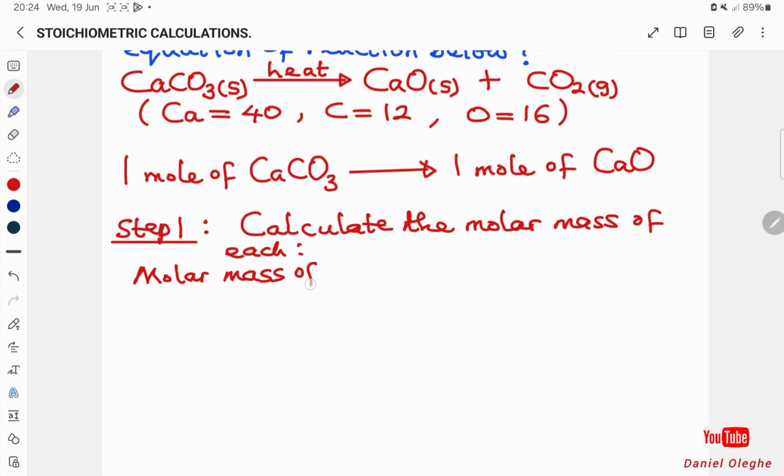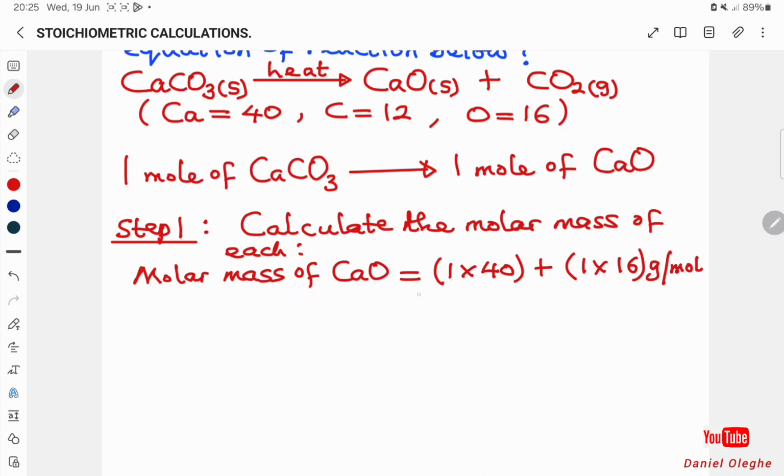Molar mass of calcium oxide is calculated as follows. 1 times 40. The number of atoms is 1. You multiply the number of atoms of each element by the atomic mass given. 1 times 40 plus 1 times 16 gram per mole.